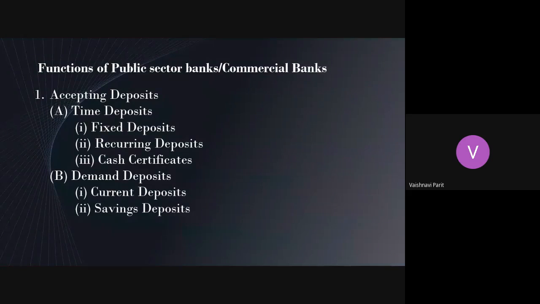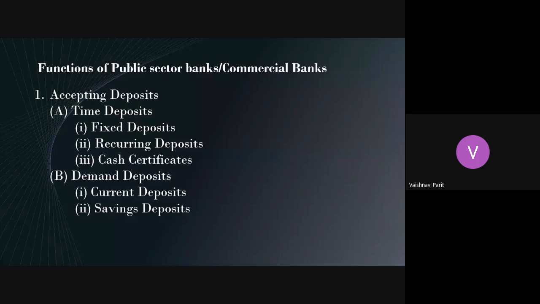Next, we did demand deposits. Demand deposits are deposits put in the bank by customers, and they can ask for their money at any point of time, on demand. Their money is available on demand, and the bank needs to give it whenever they want to withdraw.